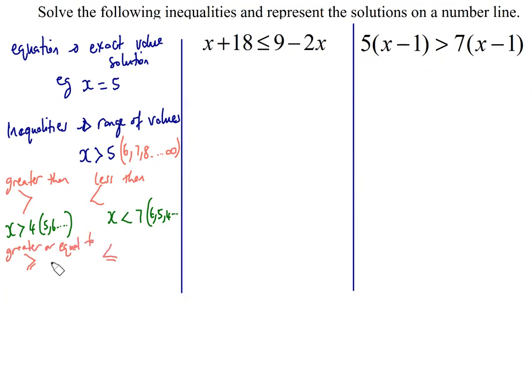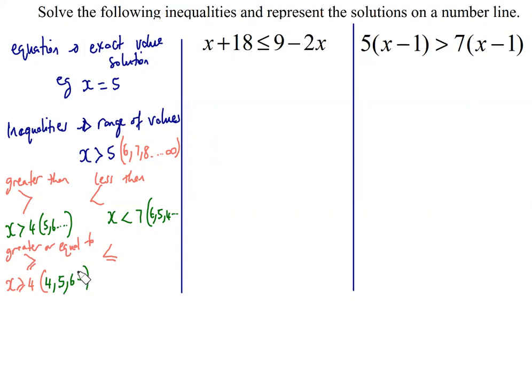So for example here, if we say x greater than or equal to 4, our values should be 4. We are including the 4. Then we are also saying 4, 5, 6, and it goes on like that until infinity.